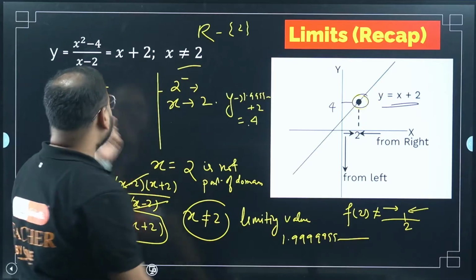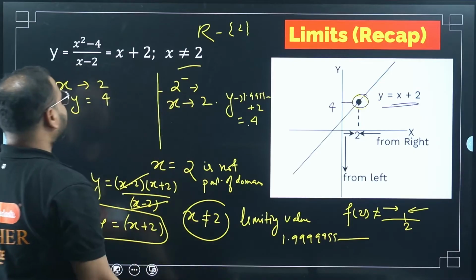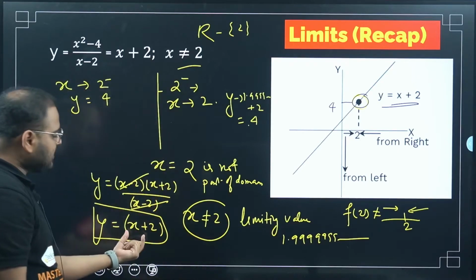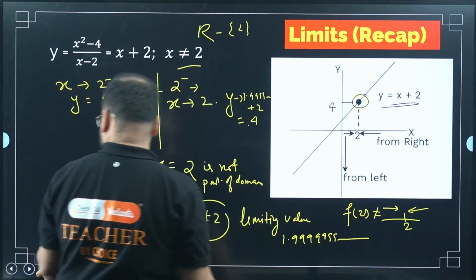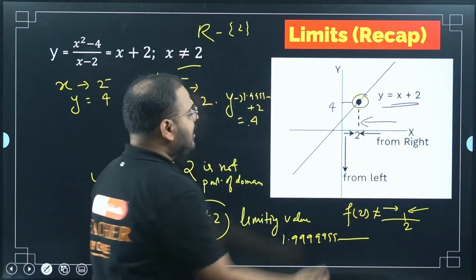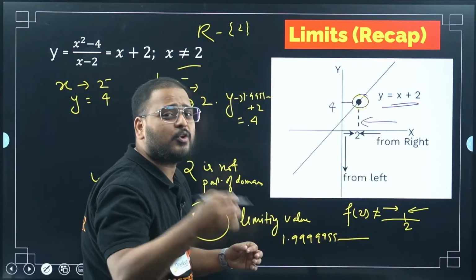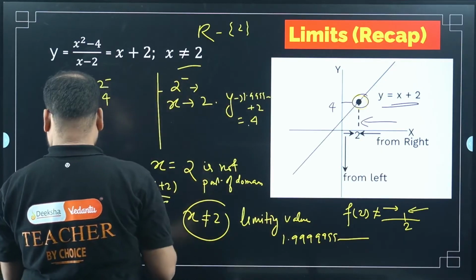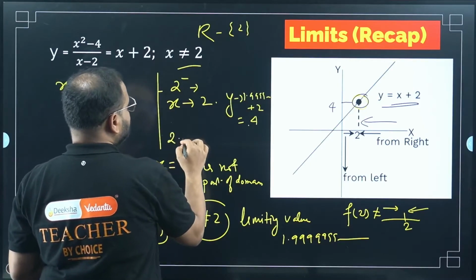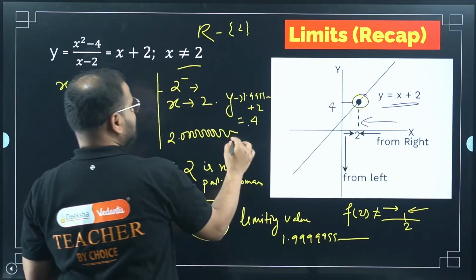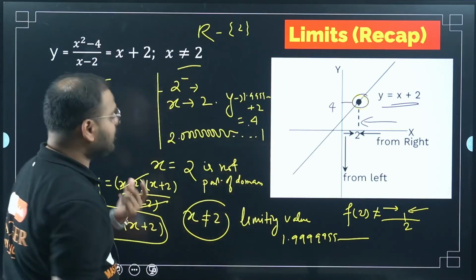Same way, that is from the left hand side. If I try to reach from the right hand side, the function value will remain the same, x plus 2 only. So if I try to reach this function from this side, it will be 2.00000 like this, and somewhere at the last it might be 1, some other number.